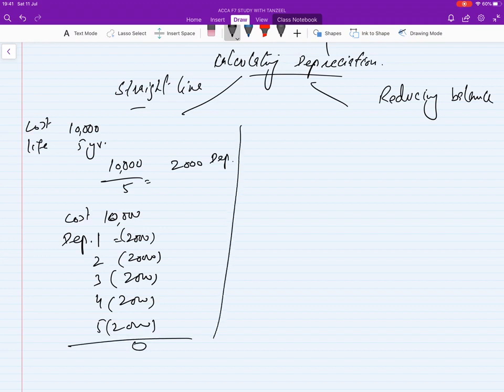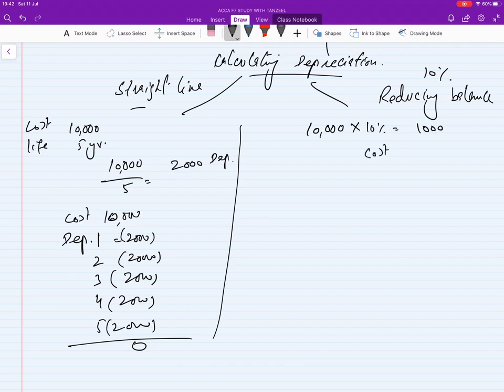So this is the way you can calculate straight line depreciation. And the reducing balance you can calculate like this: if you say that I have 100,000 amount of asset and I can expect 10% as per the reducing balance. So you can see 10,000, take 10% of this, which is 1,000.